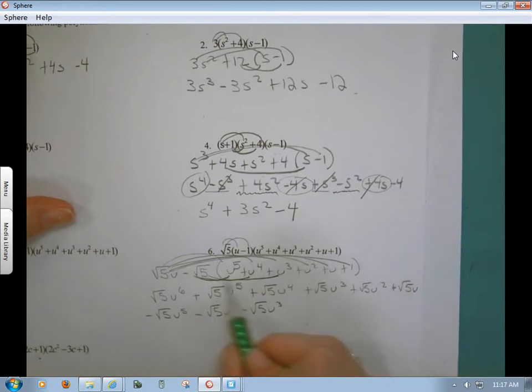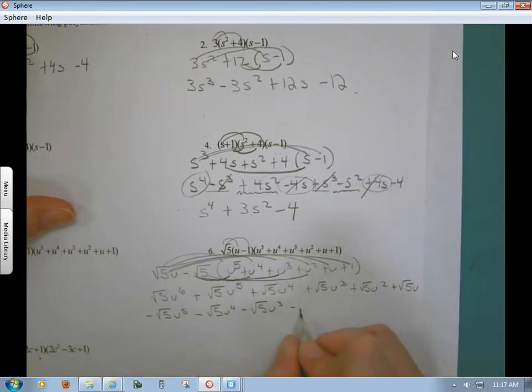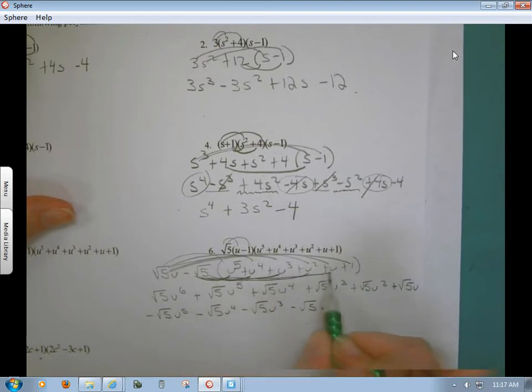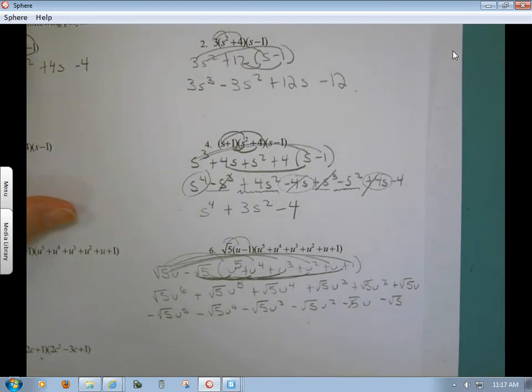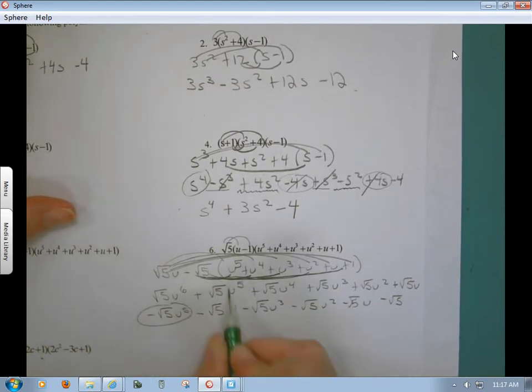Hopefully you're noticing something's going to happen here. Minus the square root of 5 u squared, minus the square root of 5 u, minus the square root of 5. Combine like terms. Cancel.